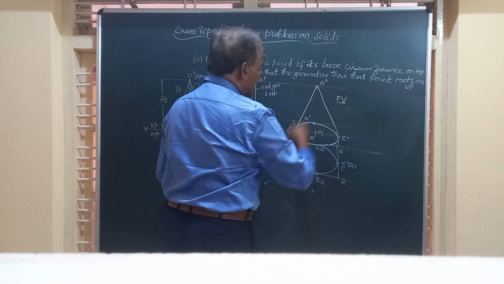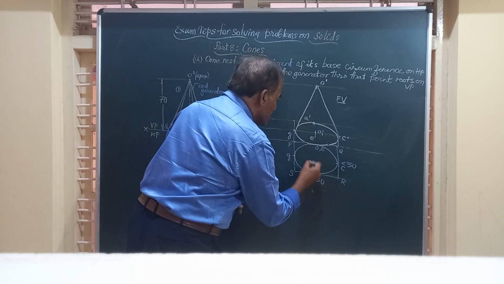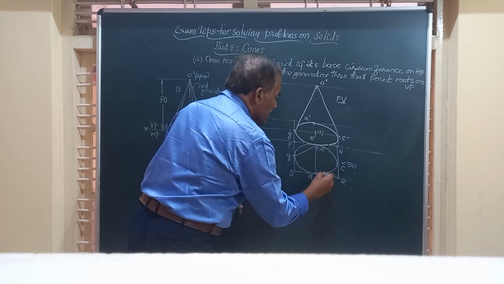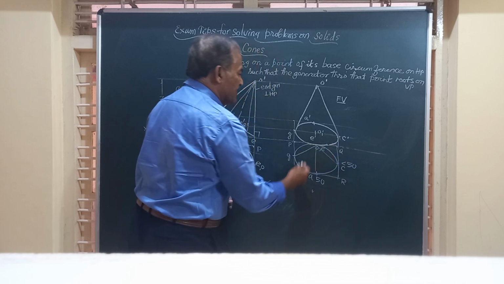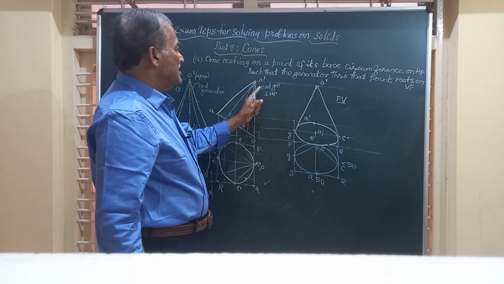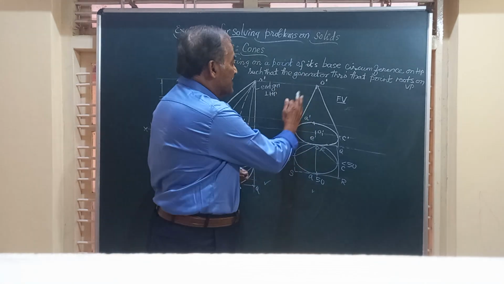And I have not shown this generator like the other 4 generators. Here, friends, O is to be joined to all these. So O to G, O to A, O to C, all that I have joined. And friends, you can observe here the end generator OE or O dash E dash is on the wall.